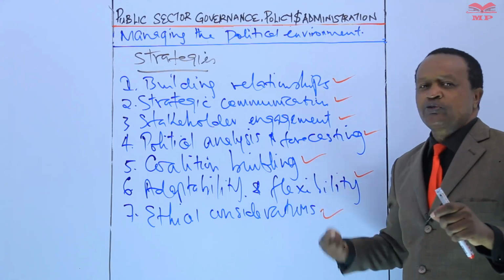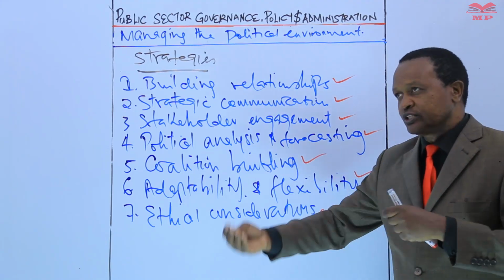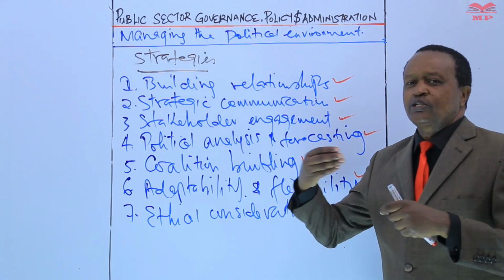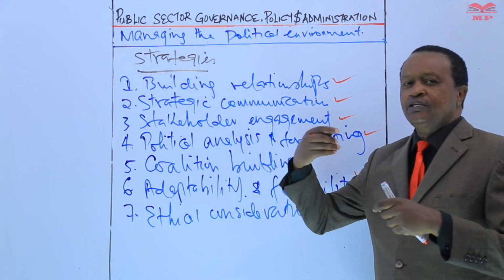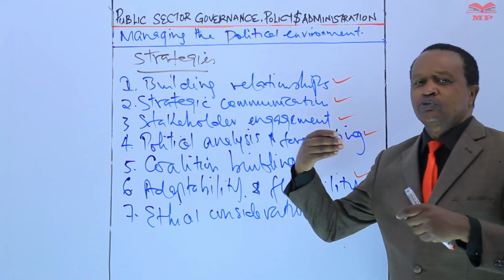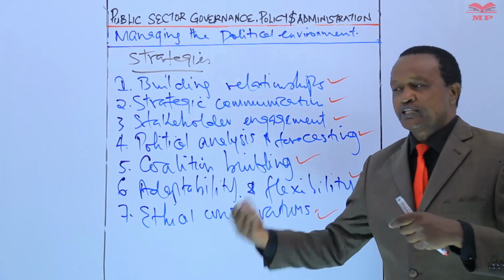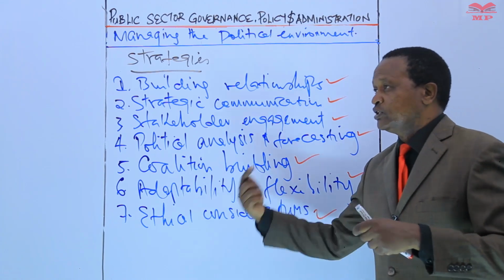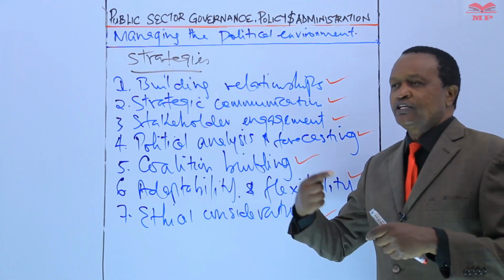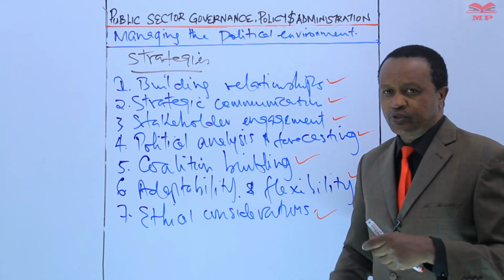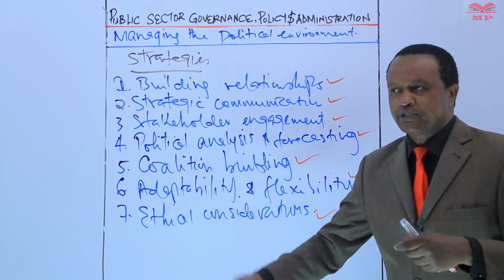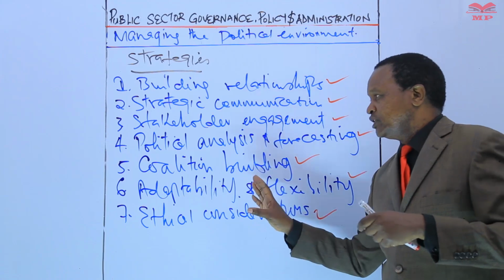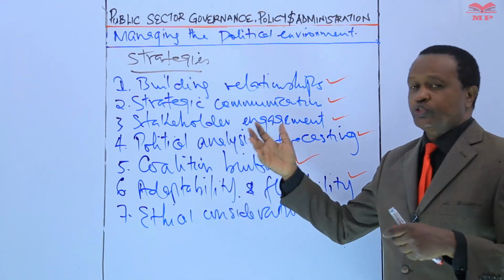So managing the political environment is an ongoing process for the public administrators that requires continuous monitoring, continuous adaptation, and continuous engagement with the stakeholders, because the political environment is always evolving. Adaptation should also be continuous. As things change, as the environment changes, these policies should also change.